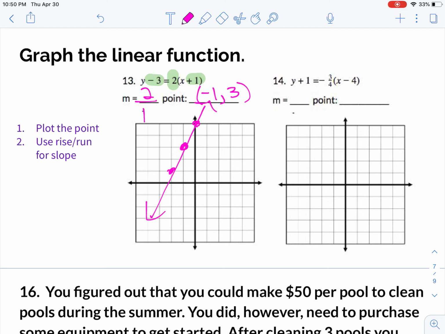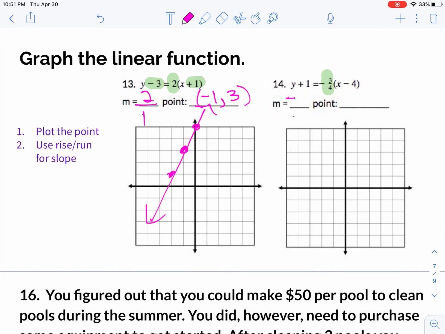Okay, I can do the same thing for number 14. My slope is -3/4, and it's right here. And my point is going to be, let's see, my x, which is -4, so it's going to be +4 because it's the opposite of what I see. And then my y is +1, but it's going to be -1 because it's the opposite of what I see.